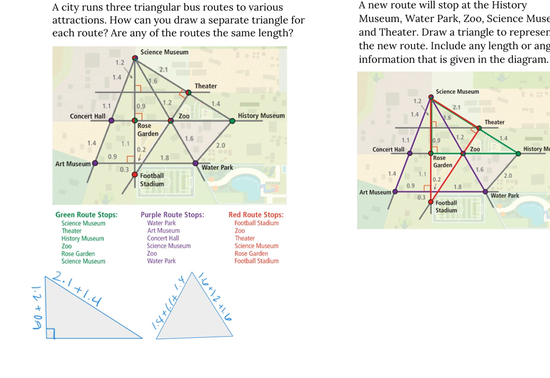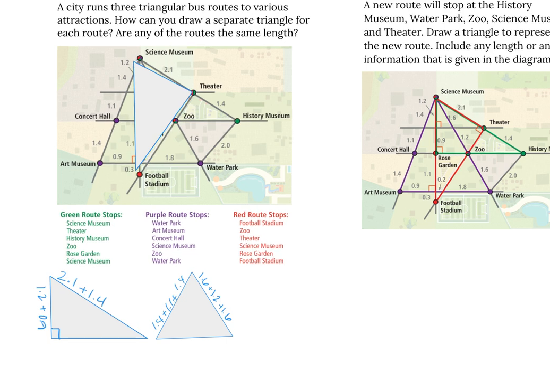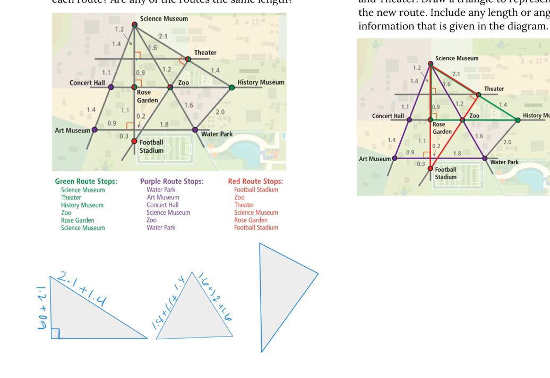Okay, then our red route. Our red route goes from the football stadium to the zoo to the theater, science museum, Rose Garden, and back to the football stadium. Okay.